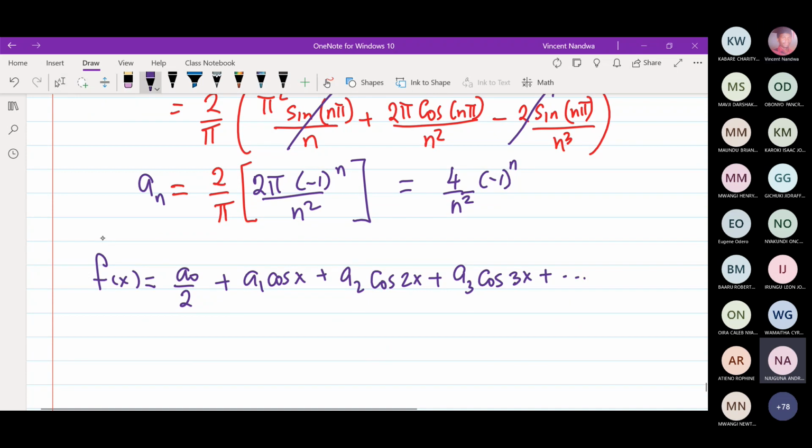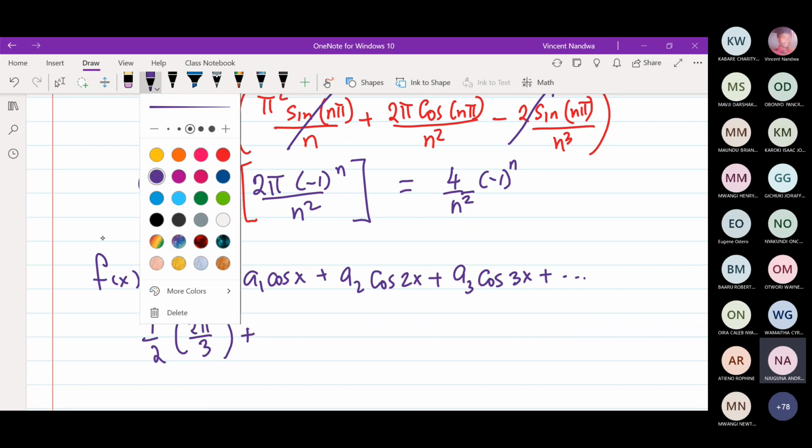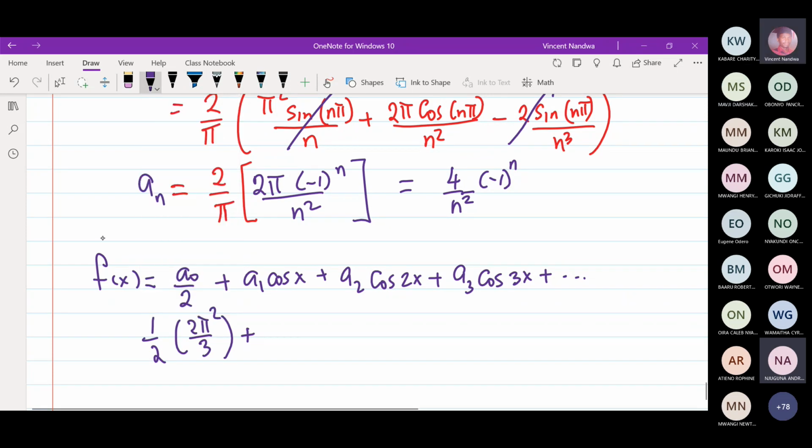So a naught is given by 2 pi squared over 3. So a1, when you put 1 in this formula, we'll get -4 over 1 squared, then cosine of x.